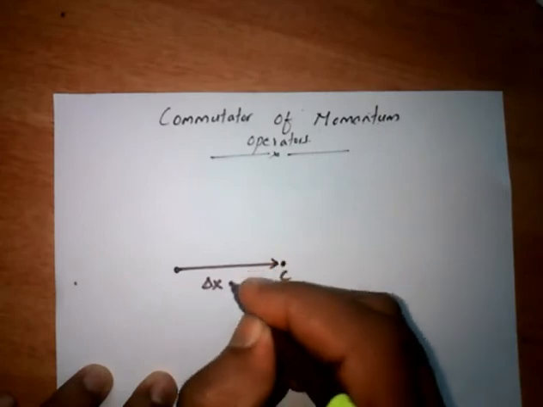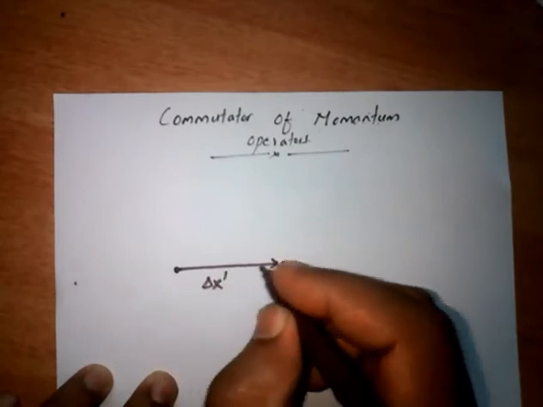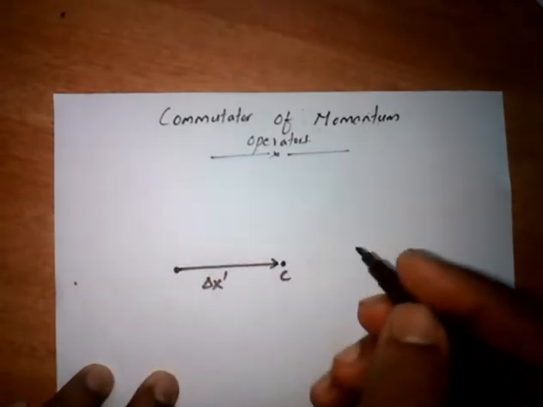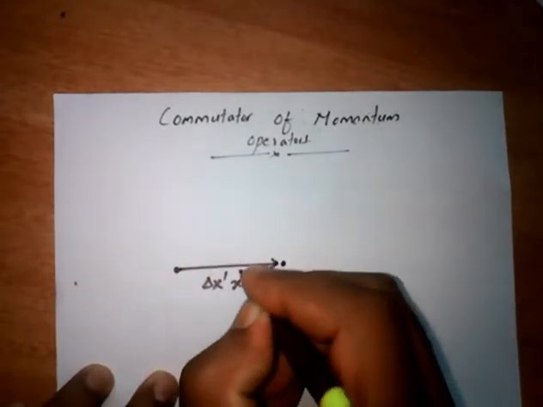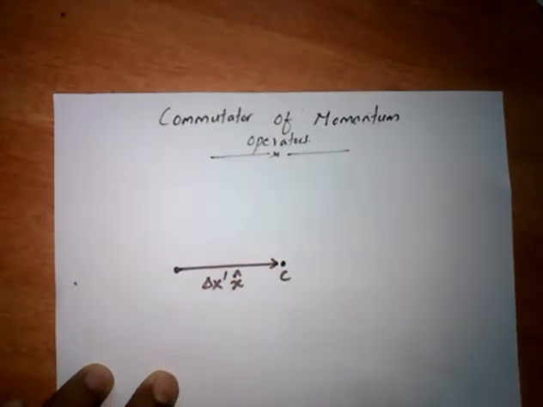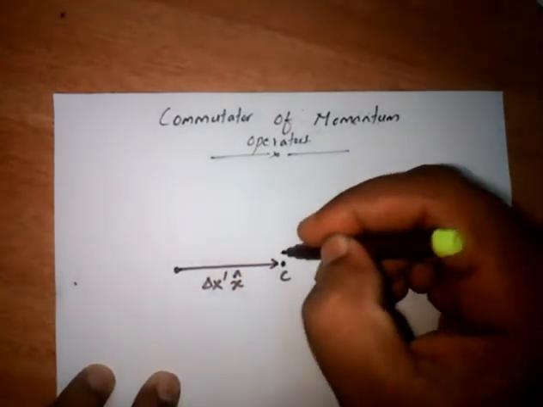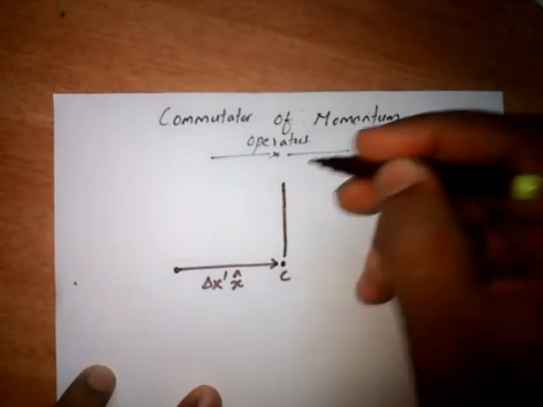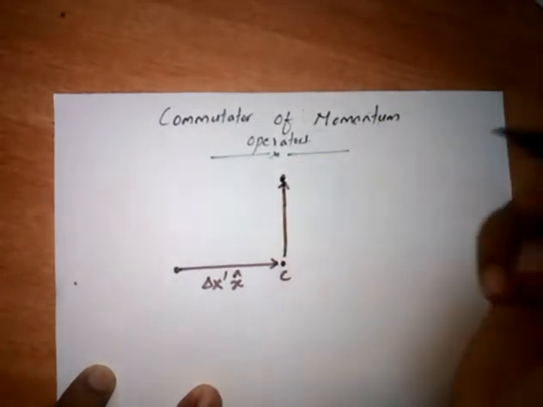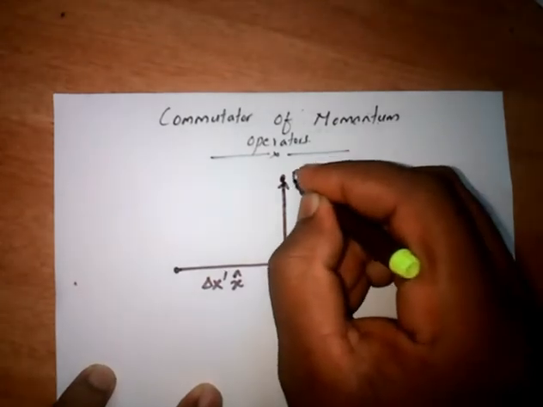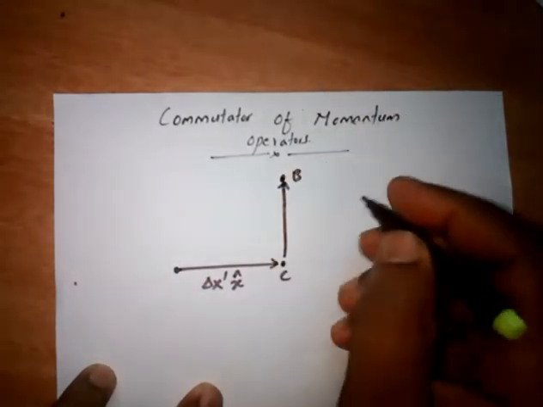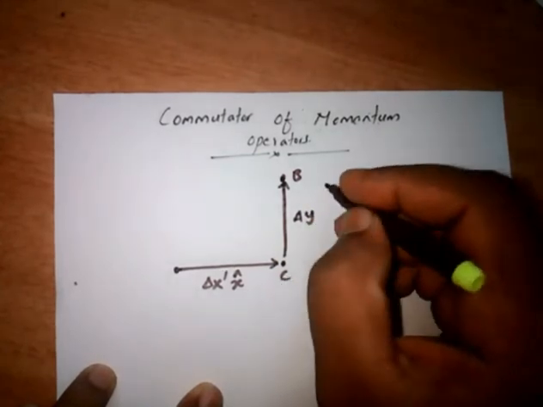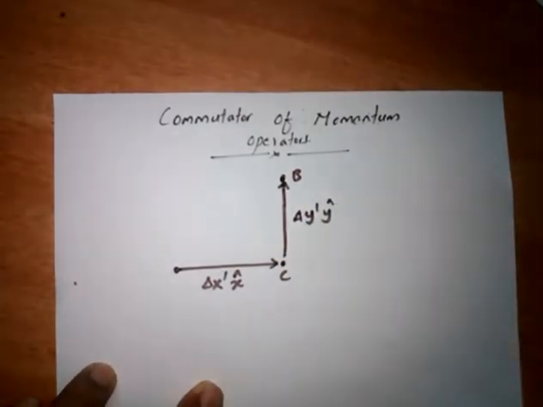It shifts this particle from one point to another in the x direction by delta x dash x cap, and from here to another point in the y direction, and finally it reaches point B. This finite translation is delta y dash y cap.